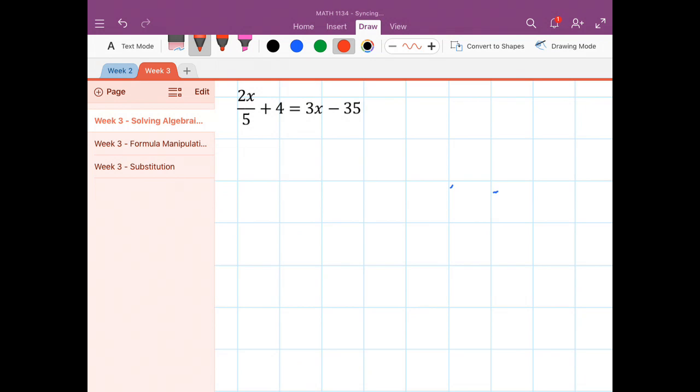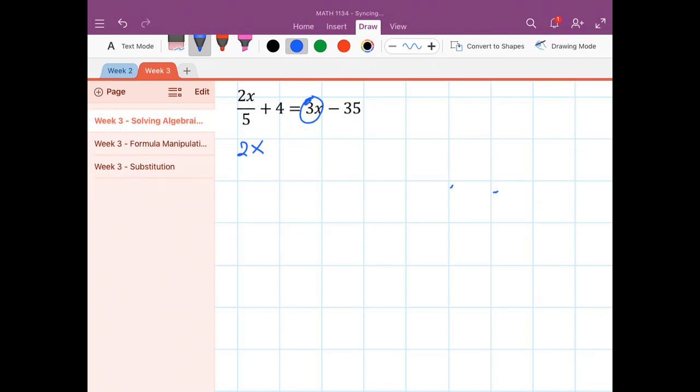Okay, and our final one, it's got a bit of fractions on both sides as well. So we're going to treat it the exact same as we did before. We want all the x's on one side and the numbers on the other. So I'm first going to get this 3x over to the other side, and to do that I have to get rid of it on this side. It's right now a positive 3x, so I'm going to subtract it.